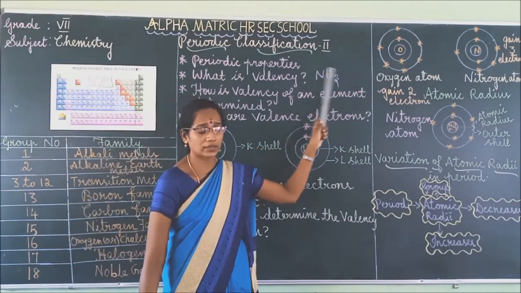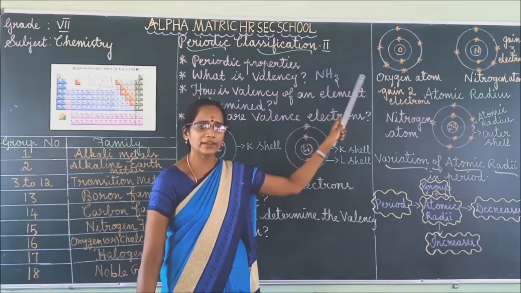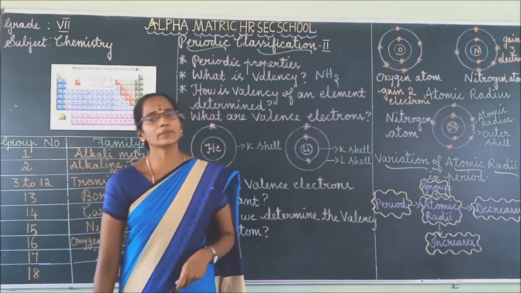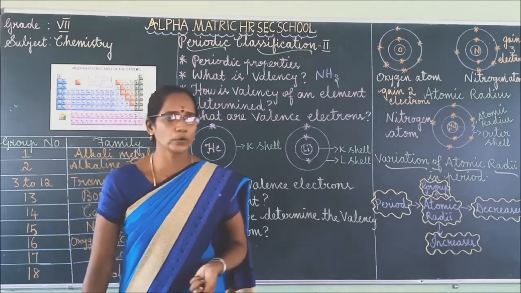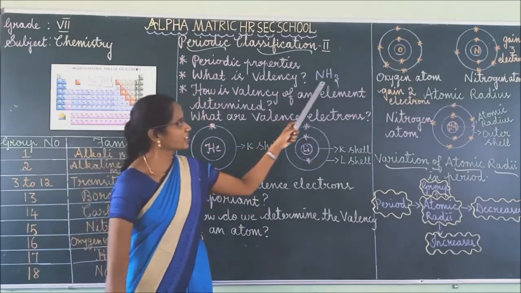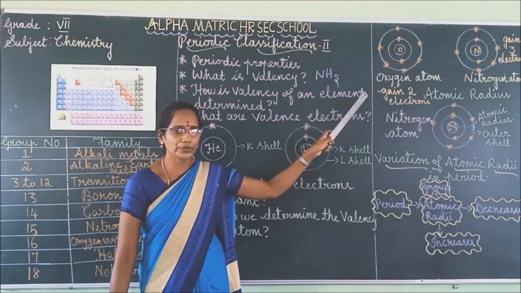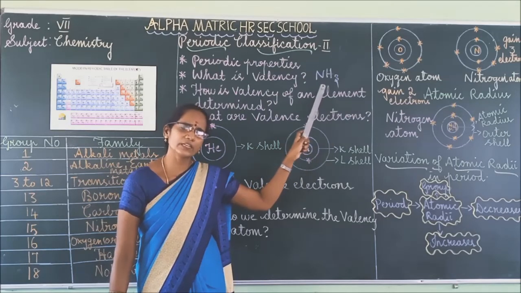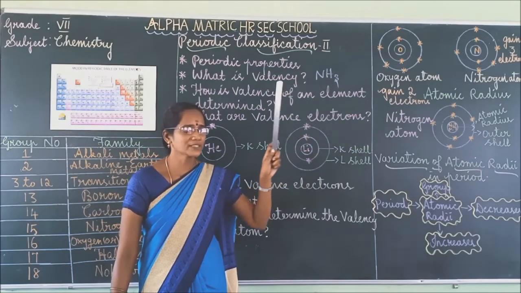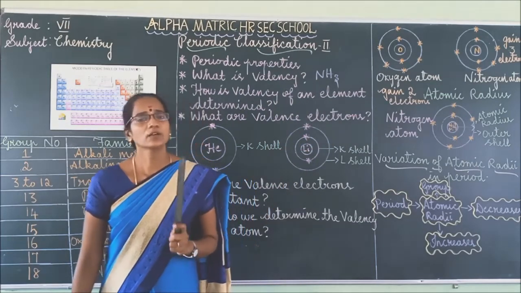Nitrogen is a separate element, hydrogen is a separate element. Both the elements combine to form the compound ammonia. Here, one nitrogen atom reacts with three hydrogen atoms to form ammonia. Then what is the valency of nitrogen? The valency of nitrogen is 3. Why?